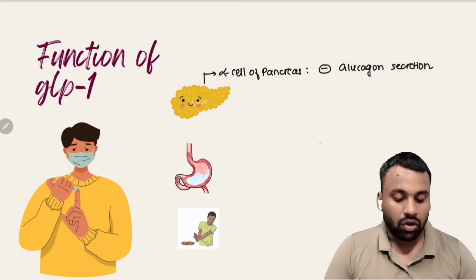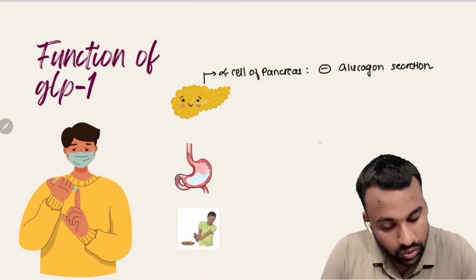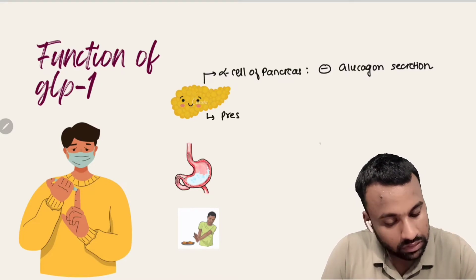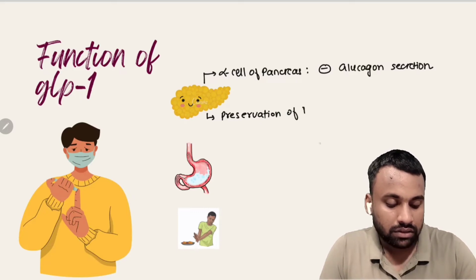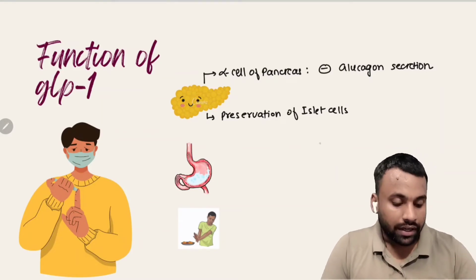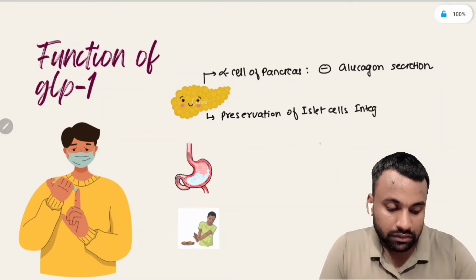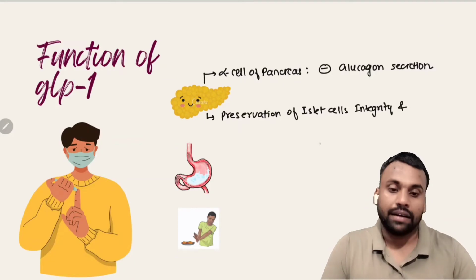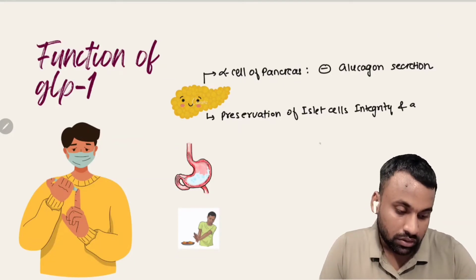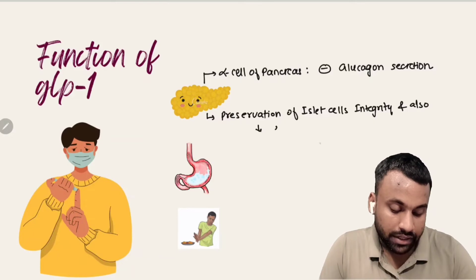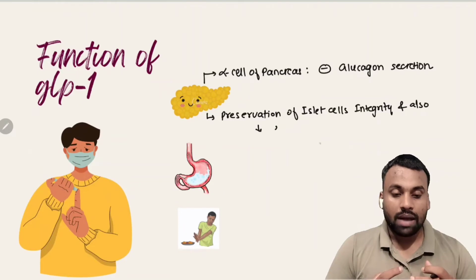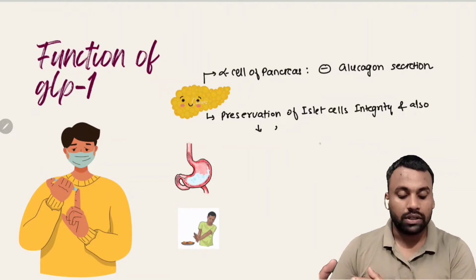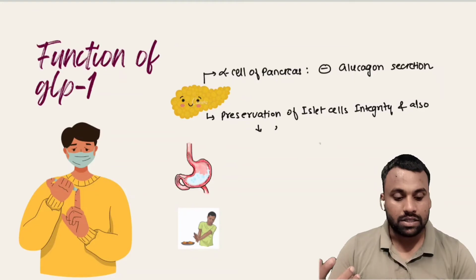Also, it is responsible for preservation of islet cell integrity, and also decreases programmed cell death. This programmed cell death, or normally we can say apoptosis, can be decreased by this GLP.